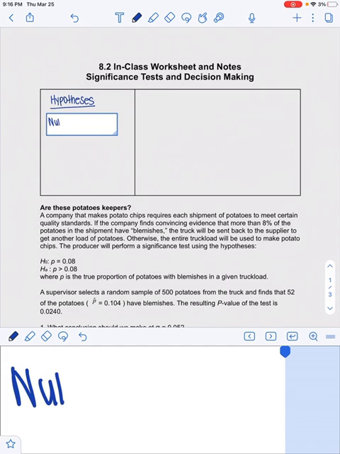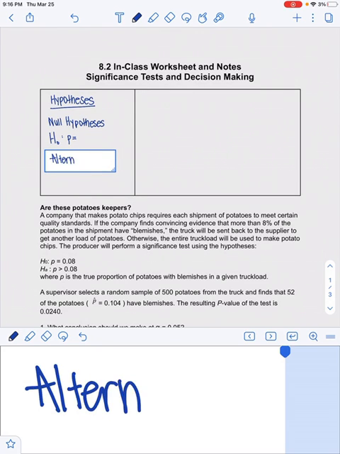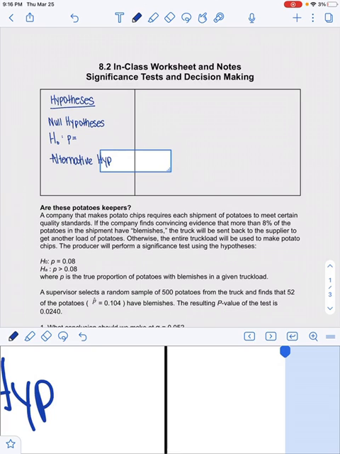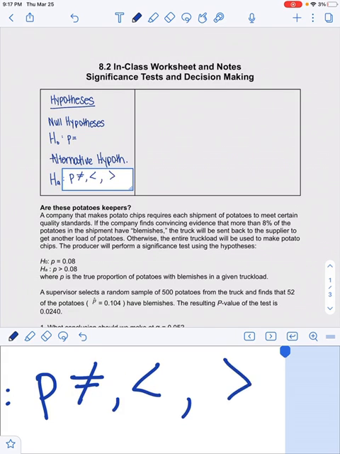We're going to have our null hypothesis, which is written as H with this little O. And then we have our alternative hypothesis, and that's going to be written as H of A. And so our alternative will either not equal, be less than, or greater than our null value, but it will never be equal.